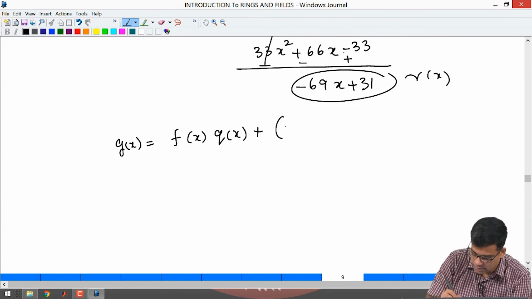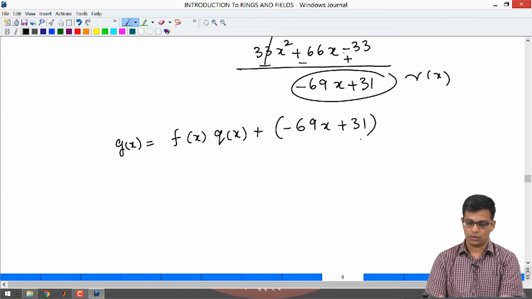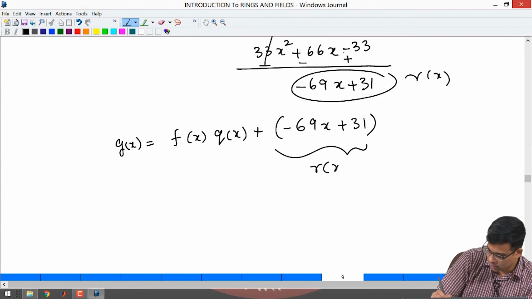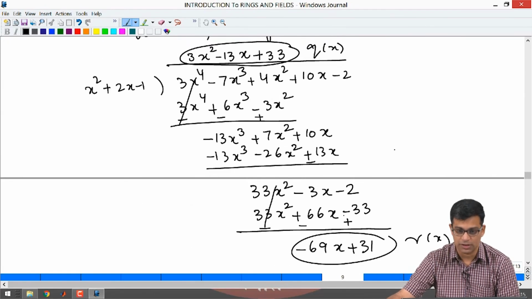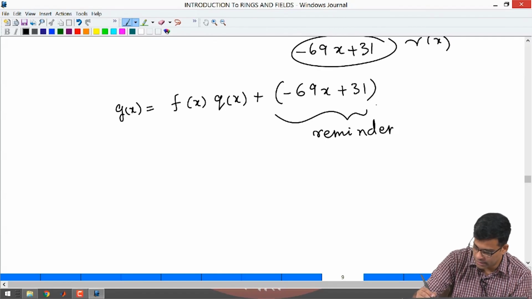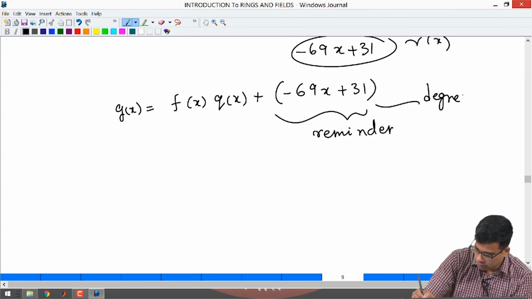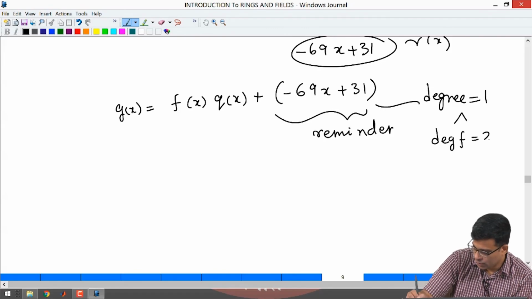So, the remainder is minus 69x plus 31. Okay. Remember what is the property of the remainder? It is either 0, in this case it is not 0, or its degree is strictly less than the degree of f. What is the degree of the remainder? It is 1, which is strictly less than the degree of f, which is 2.